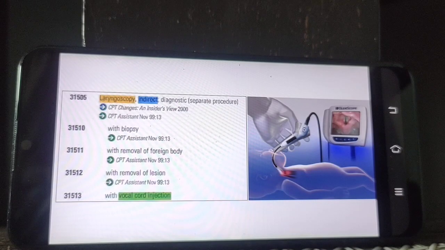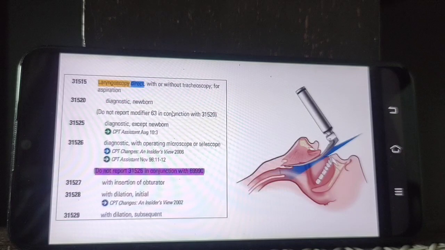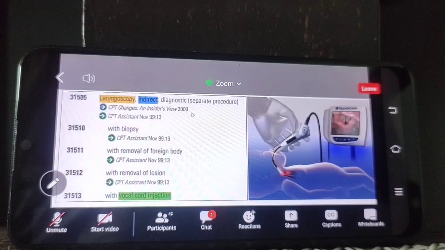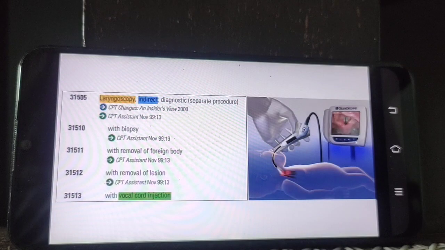In laryngoscopy, we have two classifications: indirect and direct. Indirect means by using a monitoring system, the doctor views the inside of our larynx.